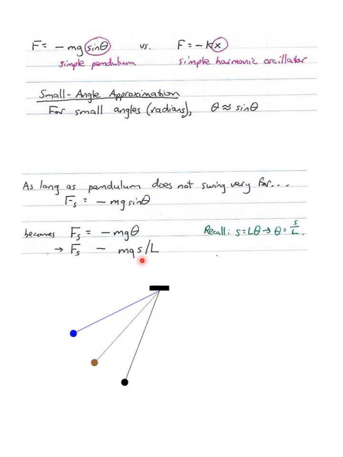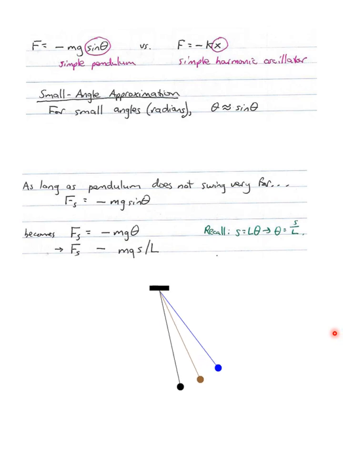Practically speaking, we're going to keep it under maybe 15 or 20 degrees, and it's close enough to a harmonic oscillator. You look at the animation down below, and that blue pendulum is very, very far out. So the farther out it gets, it's going to be less of a harmonic oscillator. The one in the middle, the brown one, that's pushing the edge of acceptable.